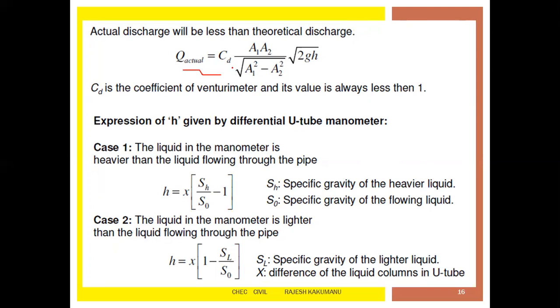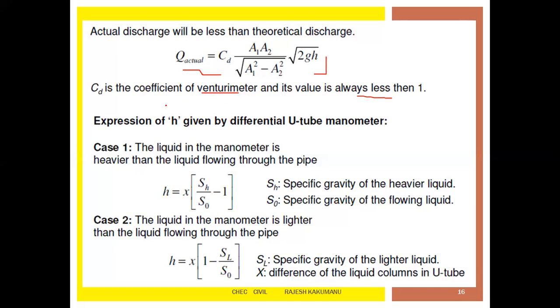Therefore, CD is the coefficient of the venturimeter, and its value is always less than 1. So this is the basic formula for discharge.